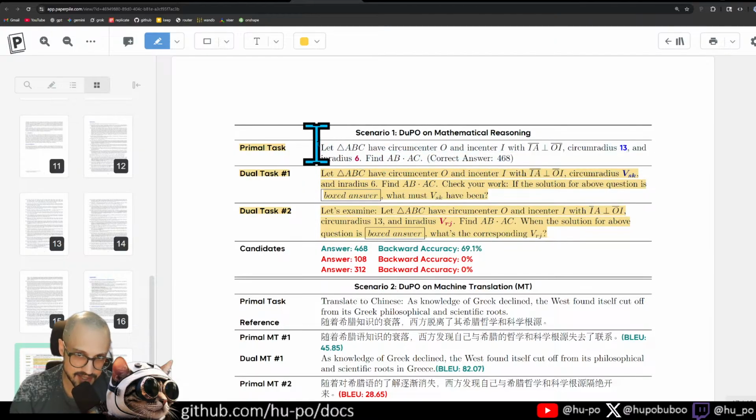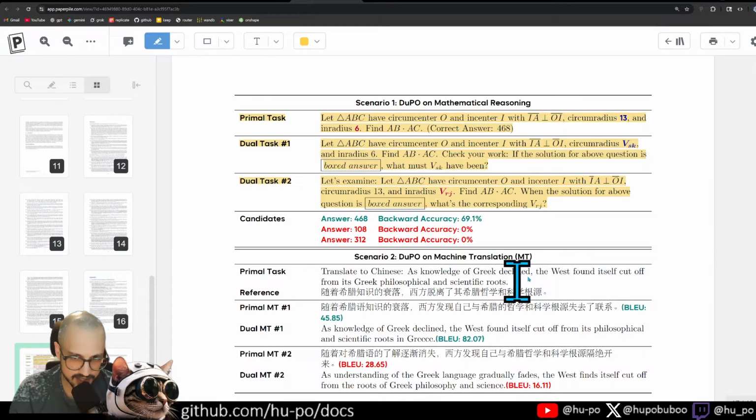This is the task that has the correct answer that some human designed, right? So you know it's all correct. That's a very, very good high quality seed data point, or in the terminology of this Dupo paper, a very high quality primal task. Now, what you want to do is figure out a way to create more synthetic data from this. And in this case, the synthetic data is effectively rephrased versions of that called dual task 1 and dual task 2.